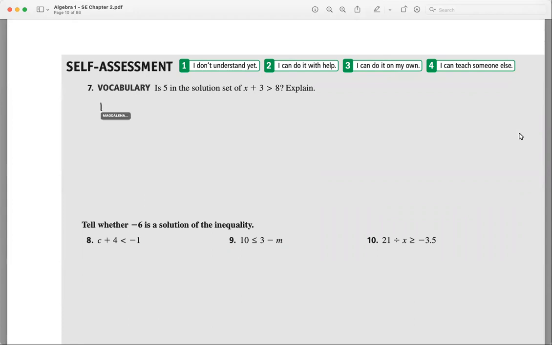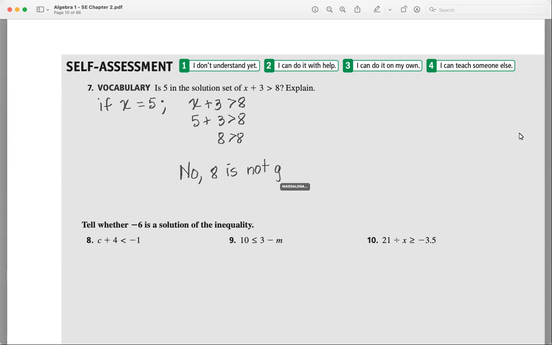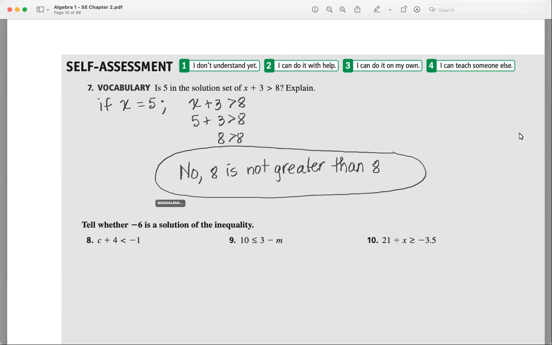Well, if x is equal to 5, then 5 plus 3 is 8, and 8 greater than 8? No, because 8 is not greater than 8. We do not have an equal sign there. So nope, it's not.